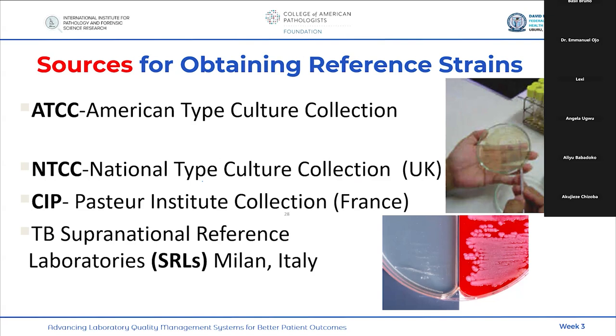I was actually discussing this, that as a country, we should also have a repository of some of these collections. So maybe in the chat box, if I have colleagues that know where some of these reference strains can be obtained, I will appreciate it if you can put it in the chat box so we can all learn.